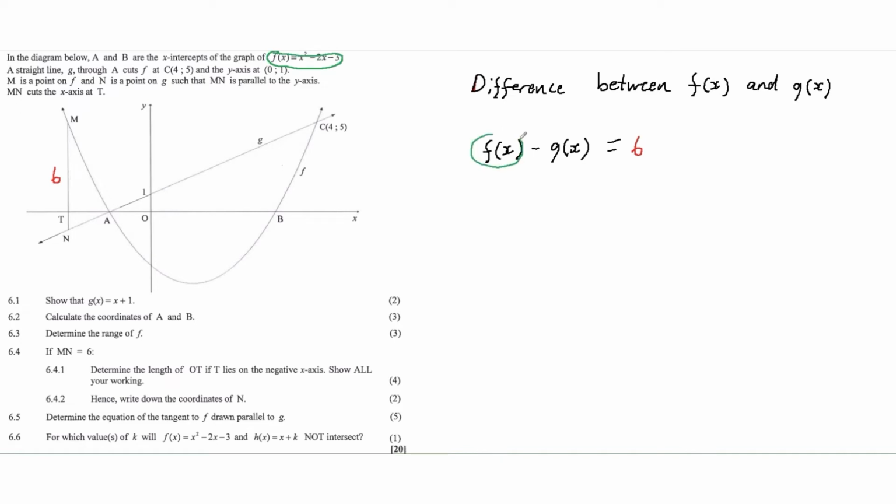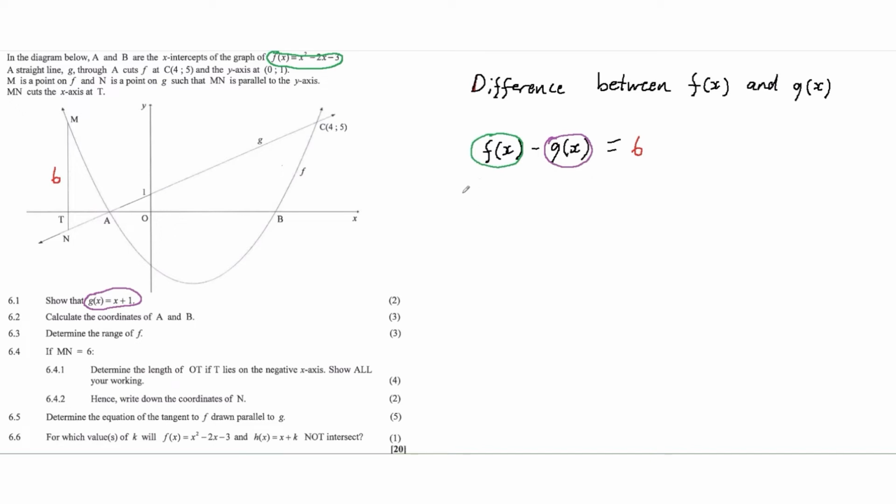Now we know what our equation of f of x is, so we can substitute that in there. And we know what our equation of g of x is. We already worked that out in 6.1. So we can just substitute our two equations into our formula and solve for x.